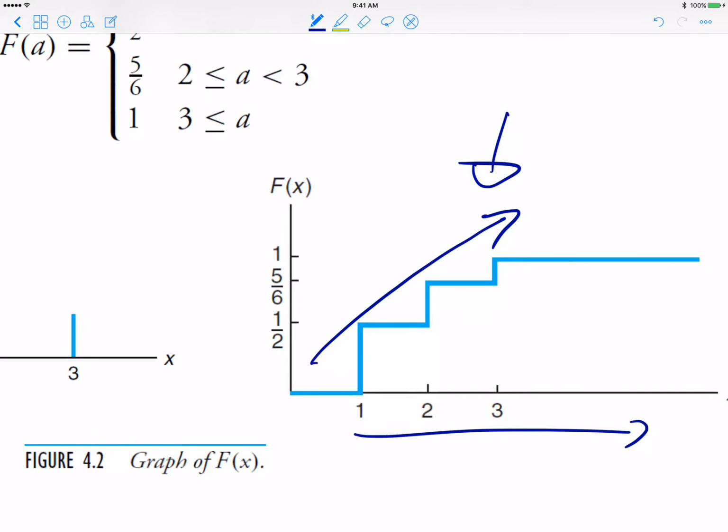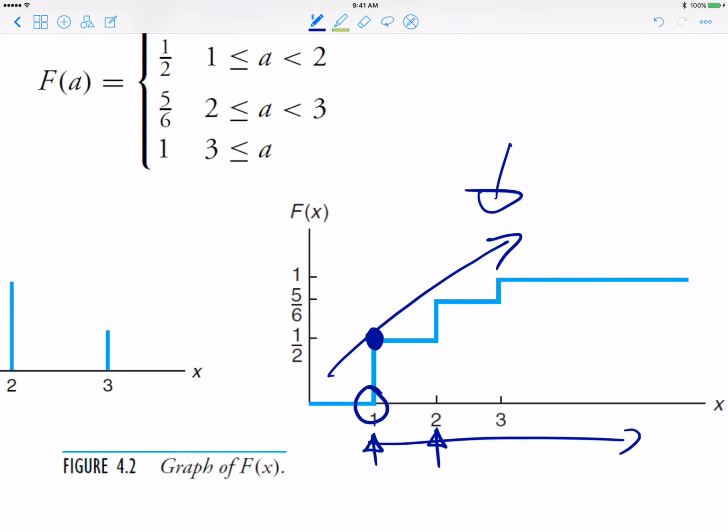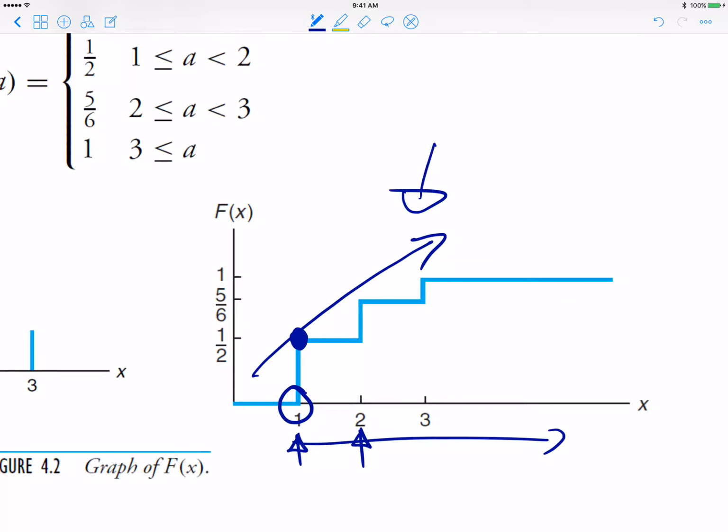But let's think about this edge case. You probably studied something like a filled circle or a blank circle, where this can be filled and this can be empty, which means when viewing this as a function, we have an x value and the y value is its corresponding cumulative distribution function value.